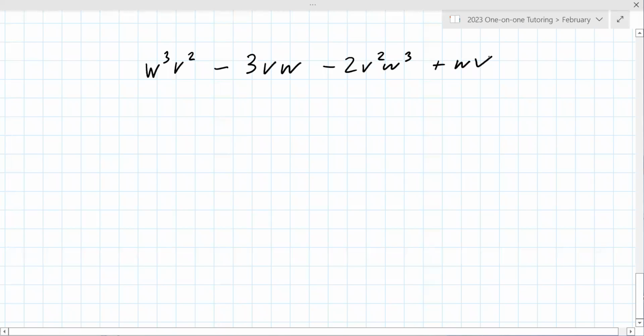And they're intentionally choosing letters that look the same to confuse you in these.